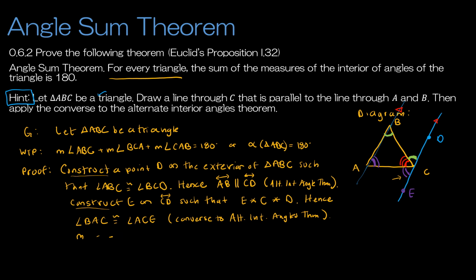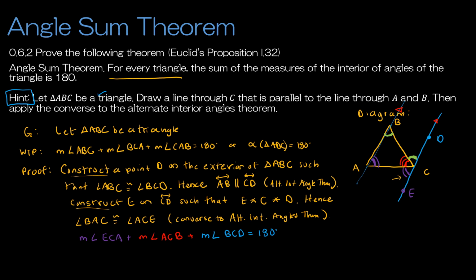Let's just use our colors so we're very clear. The measure of angle ECA plus the measure of angle ACB plus the measure of angle BCD is equal to 180 degrees.